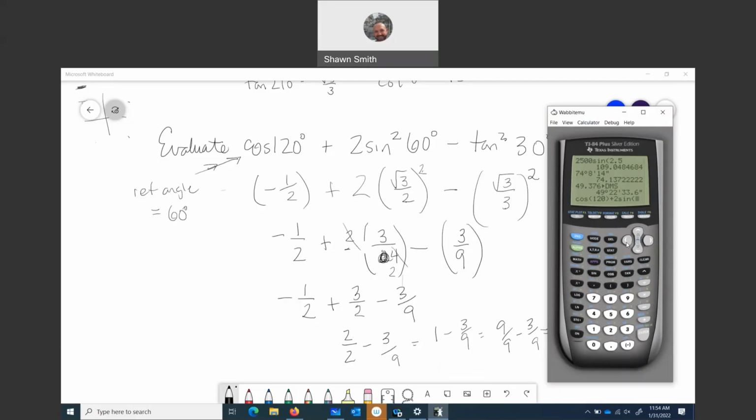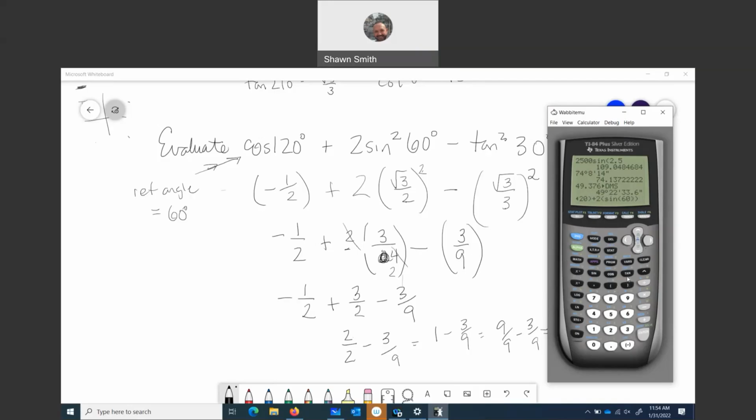Now, to do squared in here, I'm going to have to square the entire sine of 60. So I'm going to have to go back and insert a parenthesis here to square that entire function. I don't want to square 60 degrees. I want to square the sine of 60 degrees.